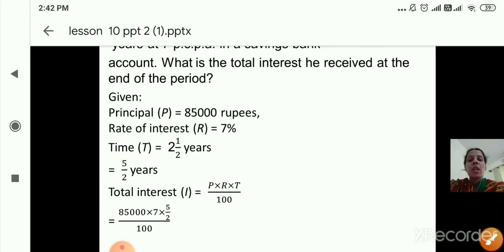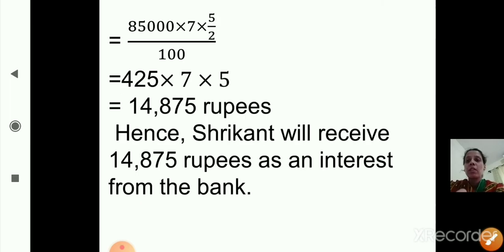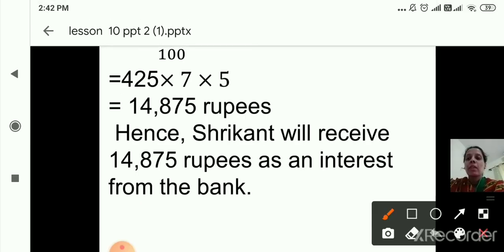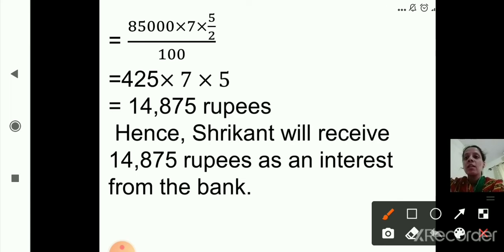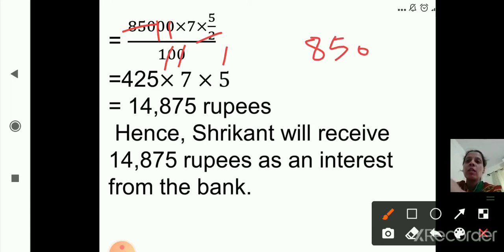After putting the values, the next part is, see here, these 2 zeros will get cancelled. Now 850 we can cancel by 2, right? 850 divided by 2. 2 is in the denominator and 850 is in the numerator, so we can cancel this. 2 1s are 2, 2 4s are 8, 2 2s are 4 and 2 5s are 10.